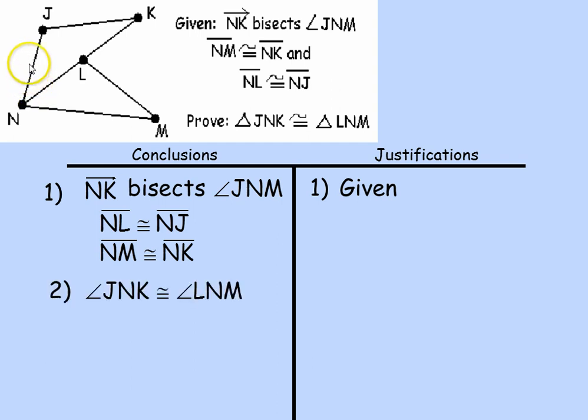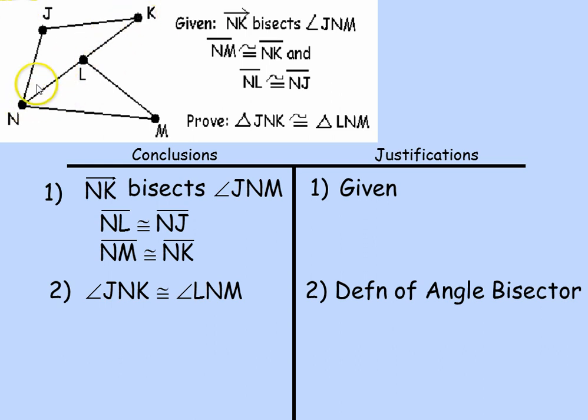So I can say that angle JNK is the same as this angle right here. Well, why can I say that? I can say that because of the definition of an angle bisector. We are told that this segment right here separates those two, so therefore these two things must be equal.